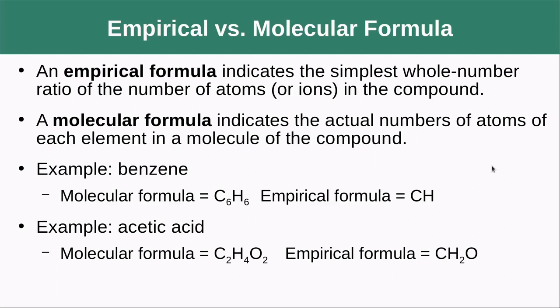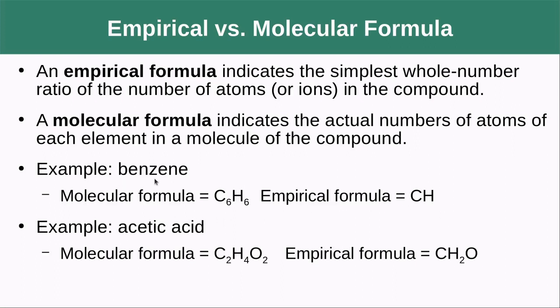Empirical versus molecular formula. The empirical formula indicates the simplest whole number ratio of the number of atoms or ions in a compound, whereas a molecular formula indicates the actual numbers of atoms of each element in a molecule of the compound. Here's my example down here.